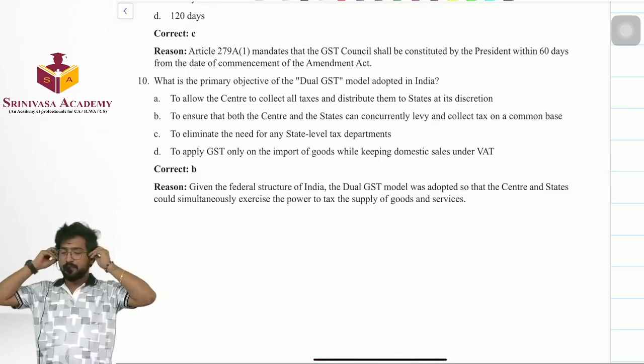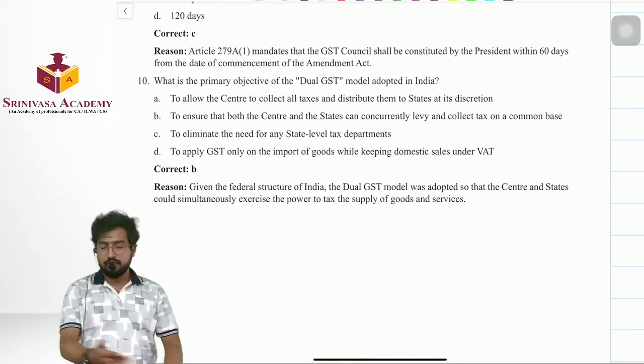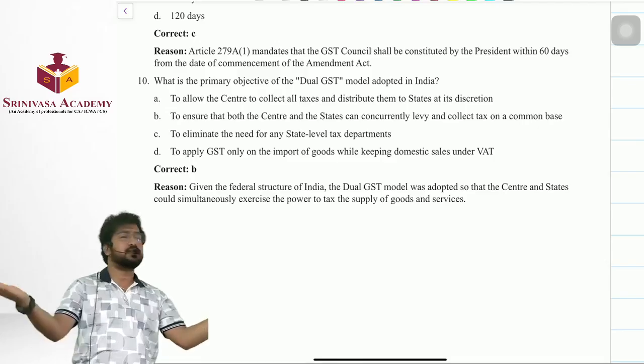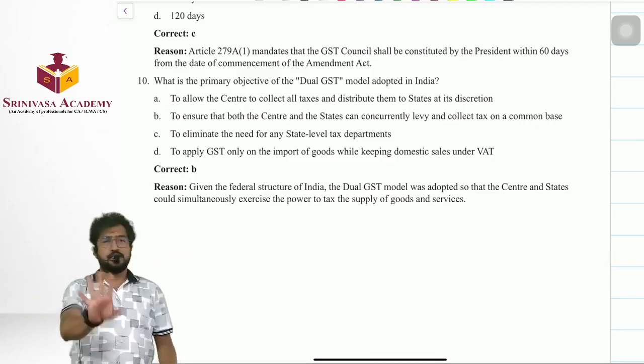So what is the answer? Option B. Okay, of course, dual GST situation, what I told already is that center and state both together levy the tax. That is what dual GST.